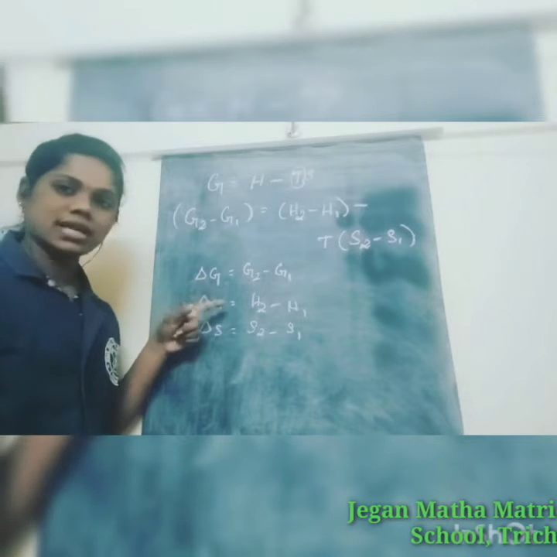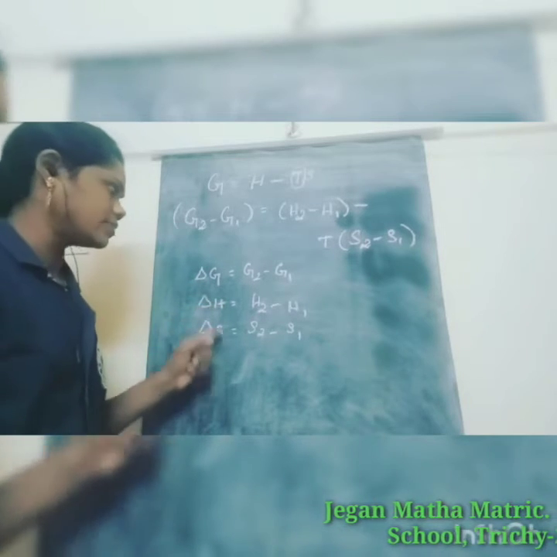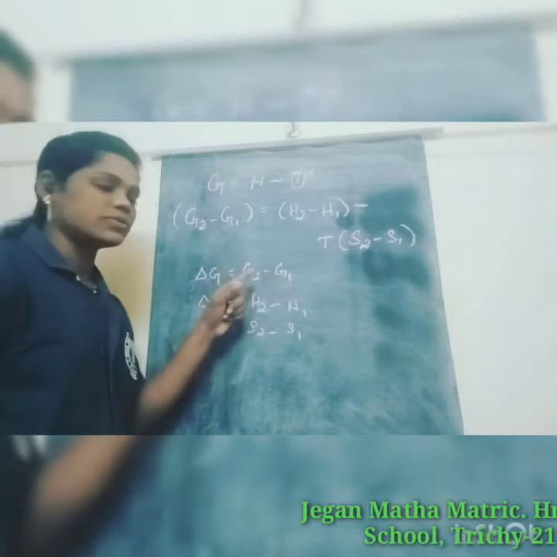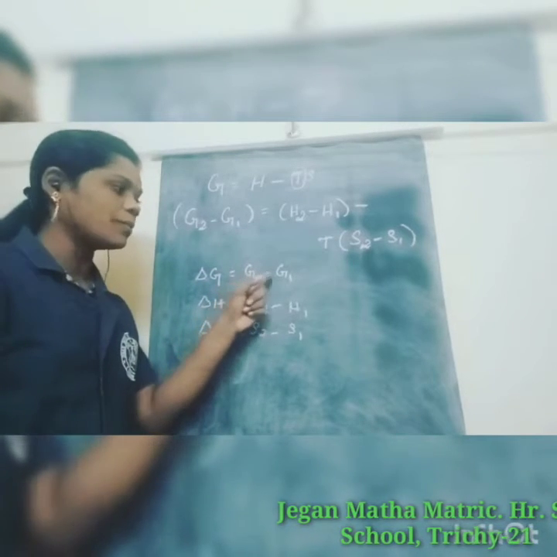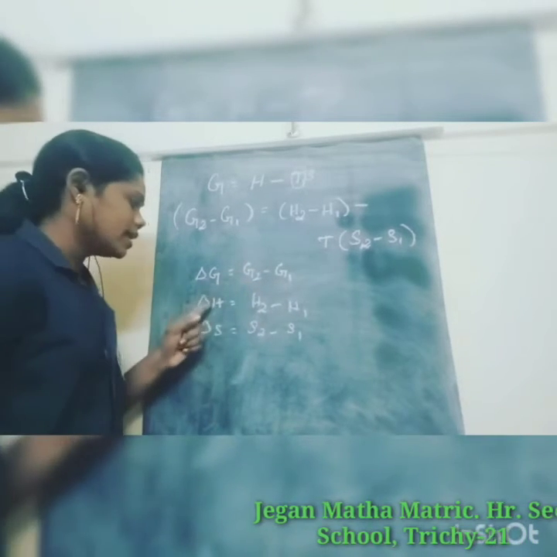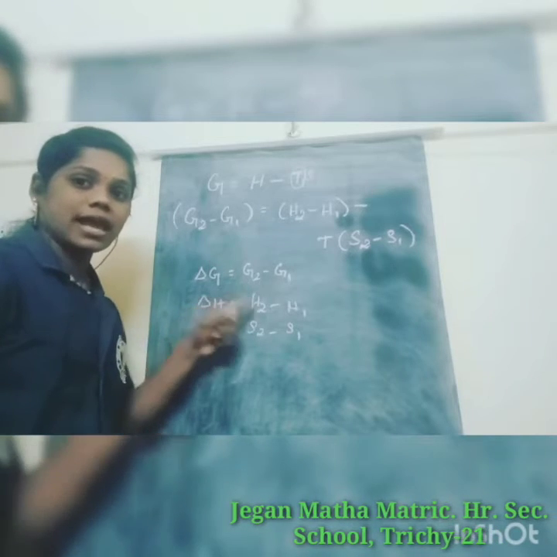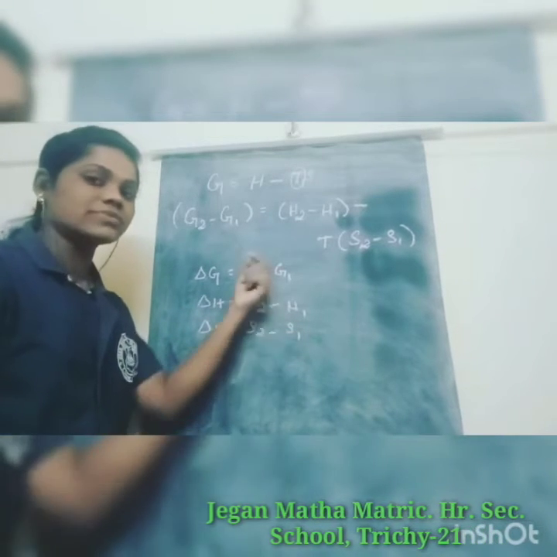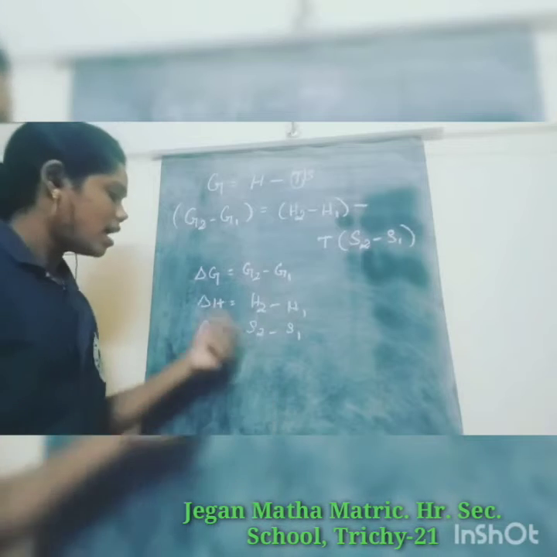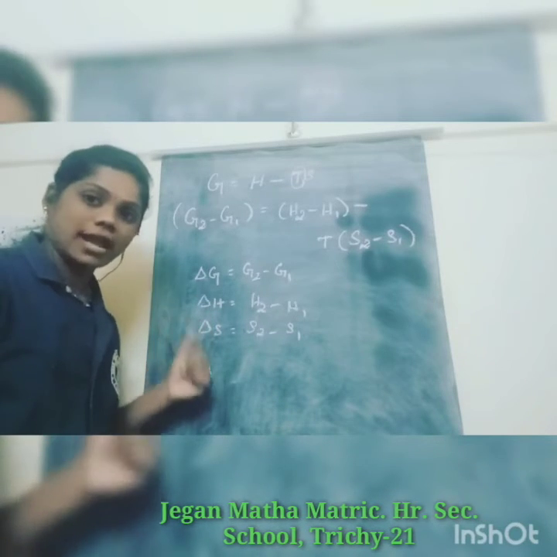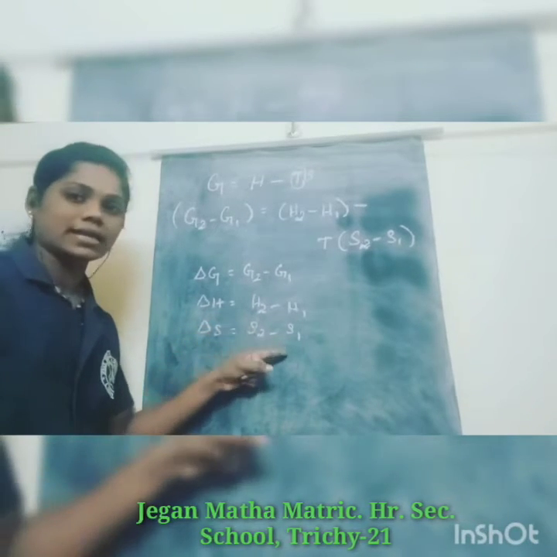So for Gibbs free energy, enthalpy, entropy: change in Gibbs free energy means G2 minus G1, change in enthalpy means H2 minus H1, that is final minus initial, and change in entropy is S2 minus S1.